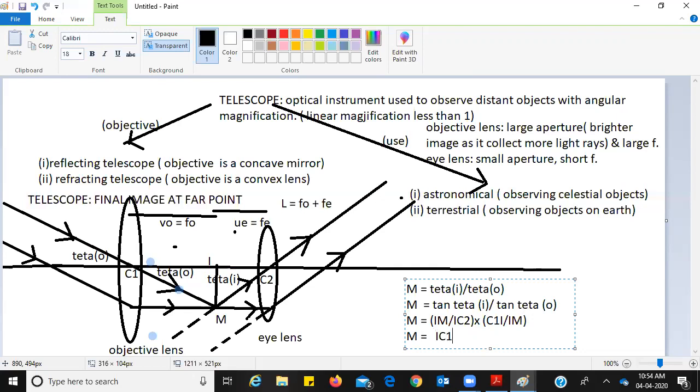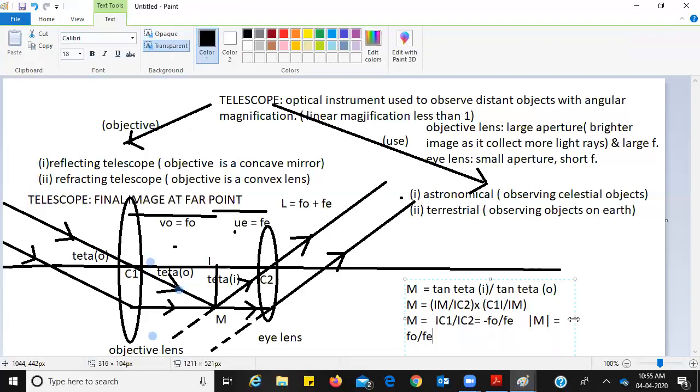That is also equal to VO by UE, but VO is FO and UE is FE, right? Yes, sir. The minus sign is because the image is upside down. For the magnitude of M, which is what we use for calculation, it equals FO by FE.